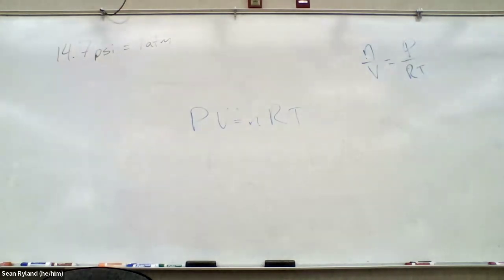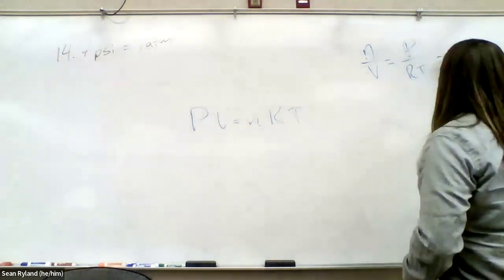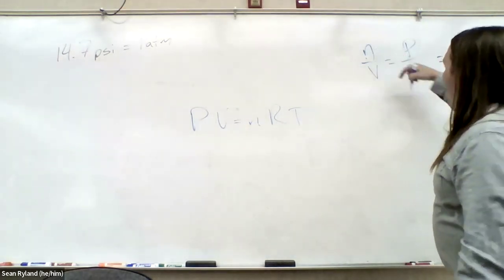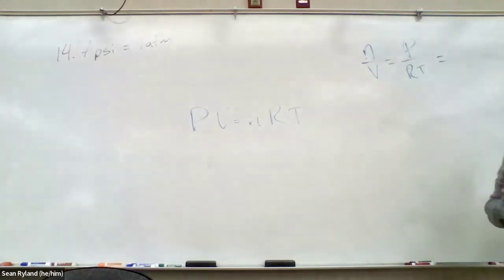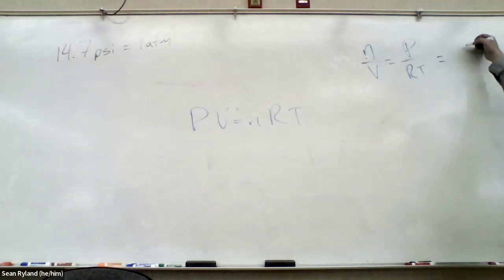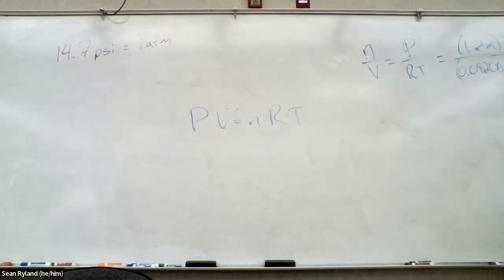So we use 1 atmosphere and 0 Celsius for standard temperature and pressure. And if we plug those in here, we're going to get a number for moles per liter. Right, so plug in 1 atmosphere, let's call it exactly 1 atmosphere, over 0.08206 liters times atmospheres per mole Kelvin, and 273.15 Kelvin.